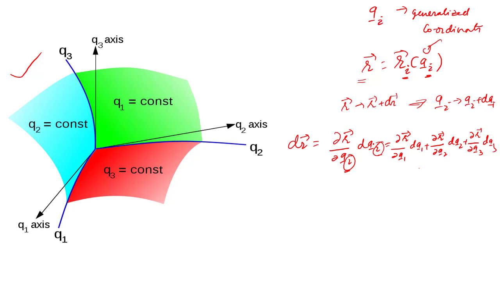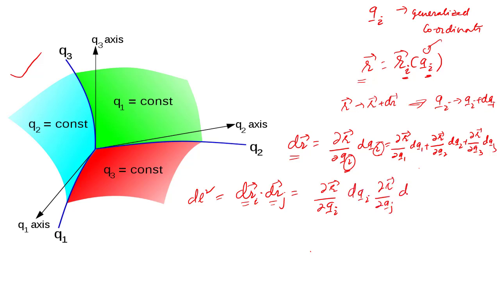And if we want the magnitude of this line element, I can write that as dr dot dr. Let's call it some dl squared. In general, when we have two different vectors, we would use different indices i and j. So I would then have dou r by dou qi dqi dot dou r by dou qj dqj.